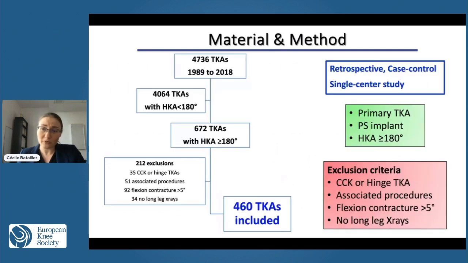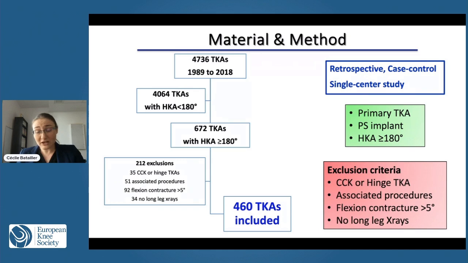So for that, we performed a retrospective case control study in a single center. We included all primary total knee arthroplasties with a preoperative valgus knee deformity, so a hip-knee-ankle angle superior to 180, and with a PS implant. So we excluded every patient with a semi-constrained implant or hinge implant. We also excluded patients with associated procedures like osteotomy.